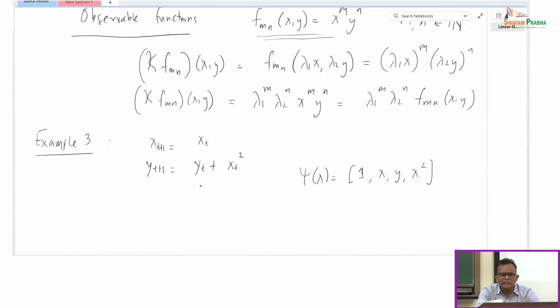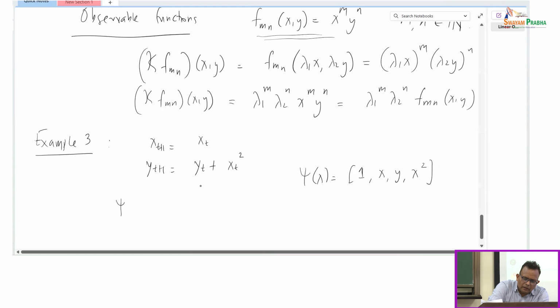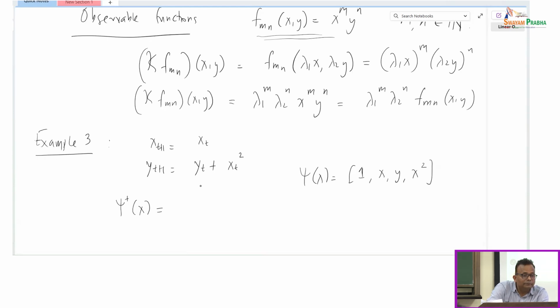Now, what I want to do is find a representation of the Koopman operator in this basis. So what I want to know is what psi plus of x is. What does that mean?